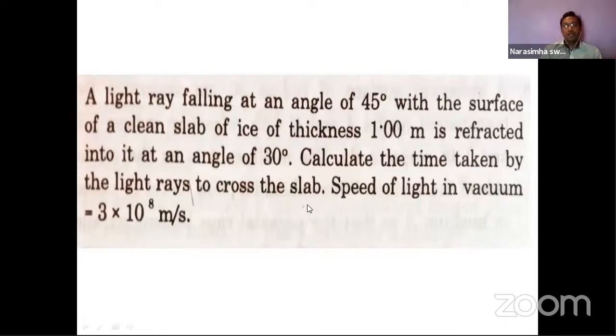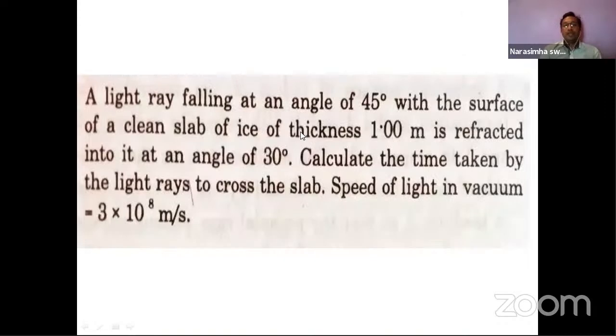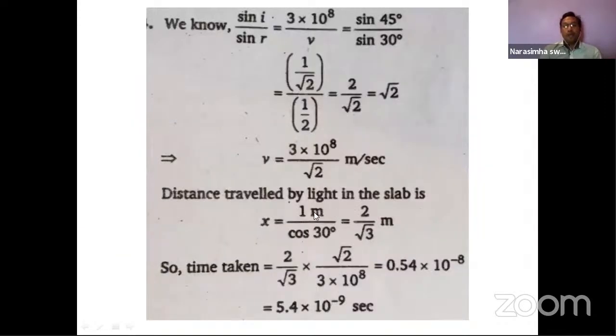So cos 30. So x is equal to the distance. X is equal to 1 by cos 30, where 1 is the thickness of the slab. That is 2 by root 3.